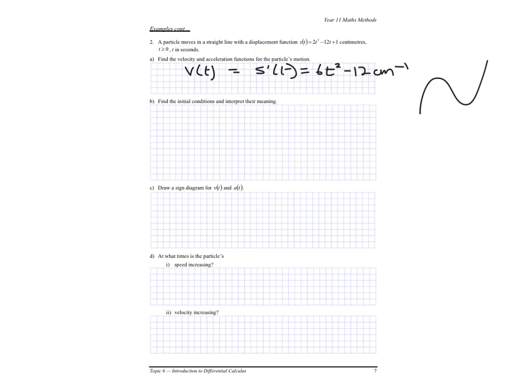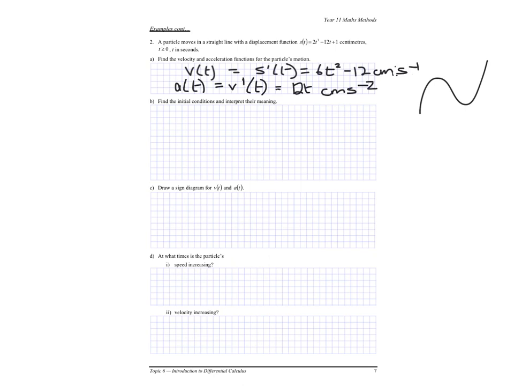Really important that you always write your units. Now if we take the derivative of the velocity function, we get the acceleration function, because the acceleration is simply equal to the derivative of the velocity, which is going to be multiplied down, subtract 1, 12t centimeters per second squared.